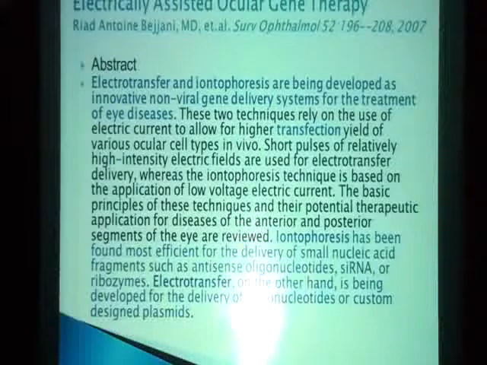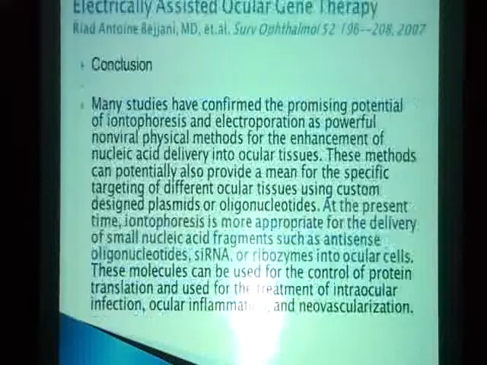And so it talks about, in the summary almost, in this abstract, iontophoresis has been found efficient for small nucleic acid fragments, and electron transfer, on the other hand, is for the large ones, oligonucleotides and plasmids. So in this case, the abstract, in a way, had the summary.